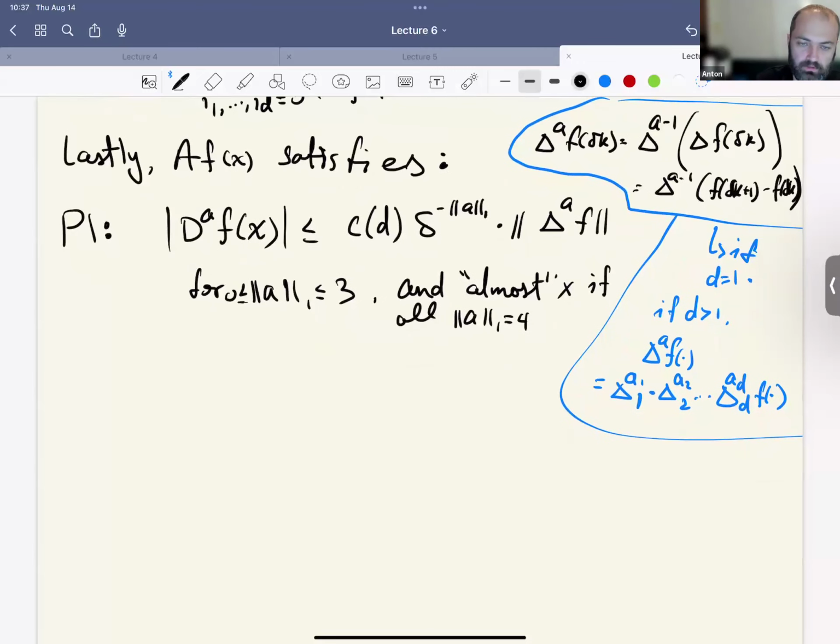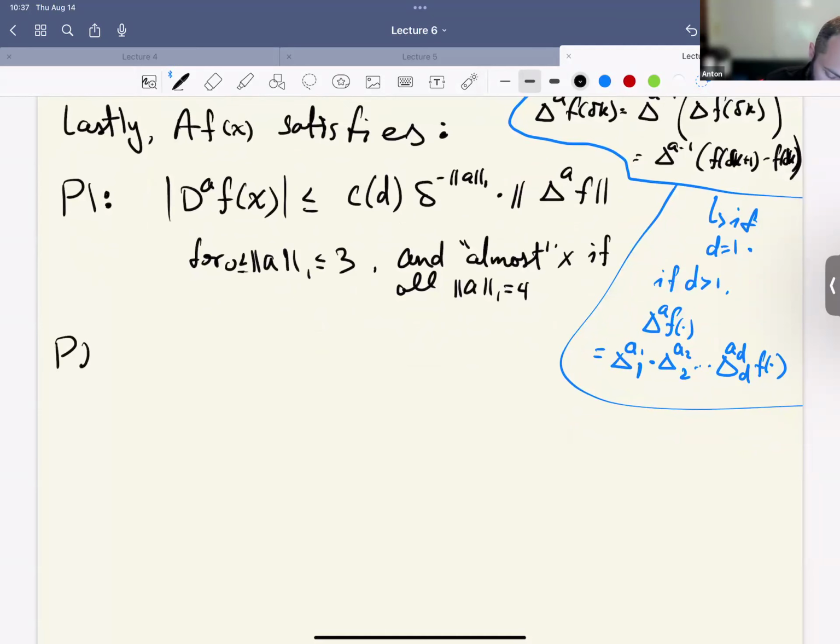So that case when a_1 equals 4 is always going to be a pain in the butt for us, but it's manageable.